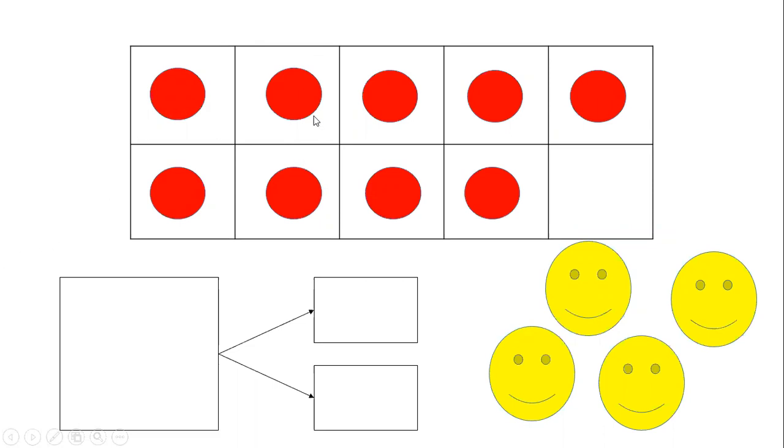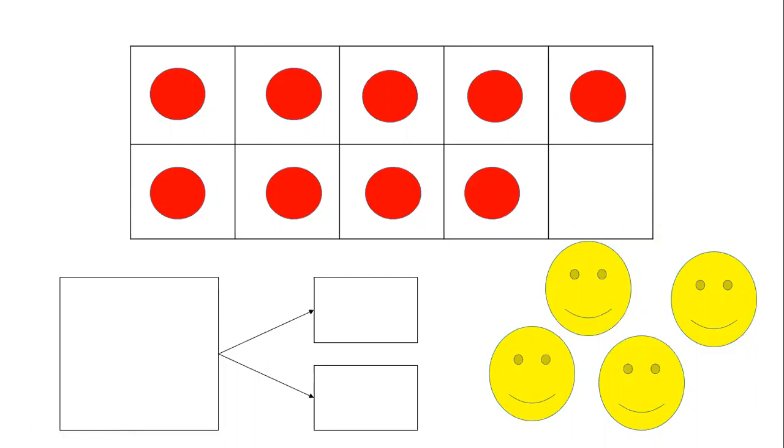I see 1, 2, 3, 4, 5, 6, 7, 8, 9. So I have 9 counters, and I need to tell a story about these 9 counters. So I think I'm going to choose to tell stories about different animals, because we learned a lot about animals during reading this year. So I think I'm going to start with 9 monkeys.